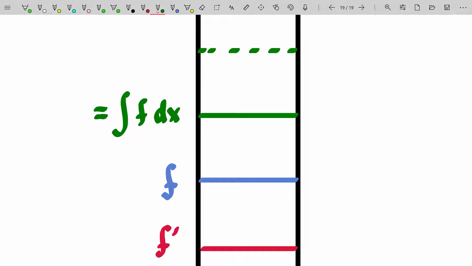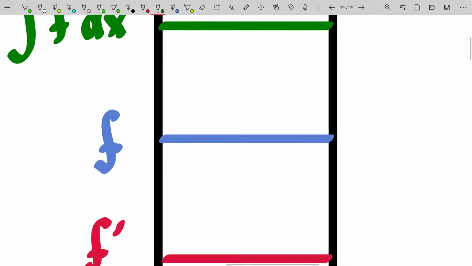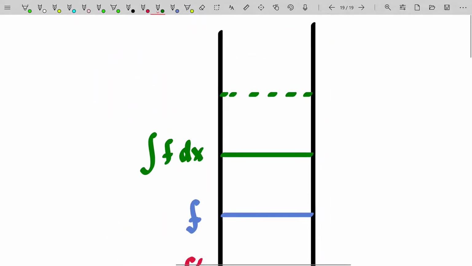Some people will call that capital F, because that is traditionally the letter used for the antiderivative of a function, but let's just for now not assign it that. If you want to go up two rungs from your blue rung f, you would need to take two antiderivatives.